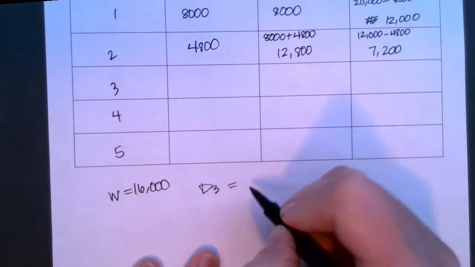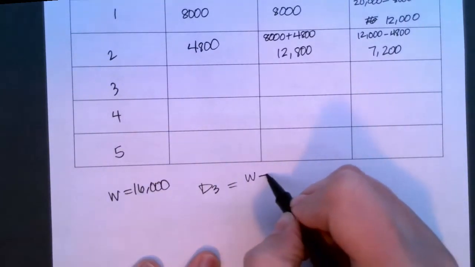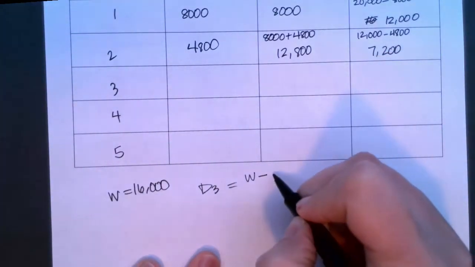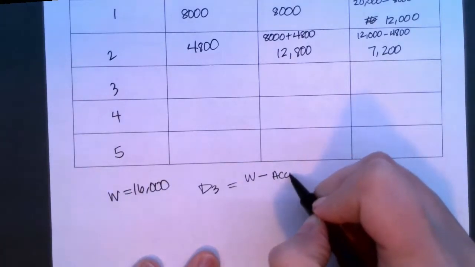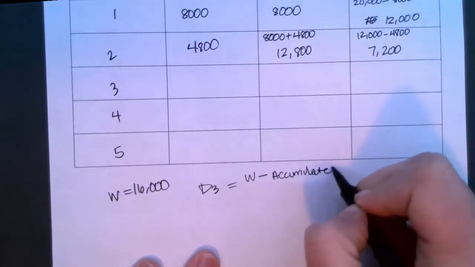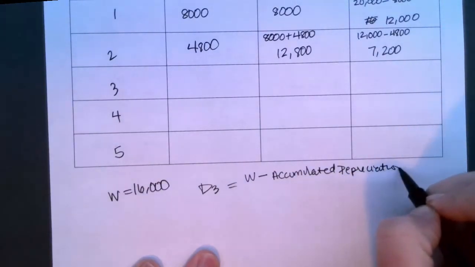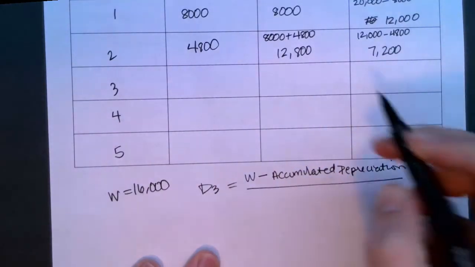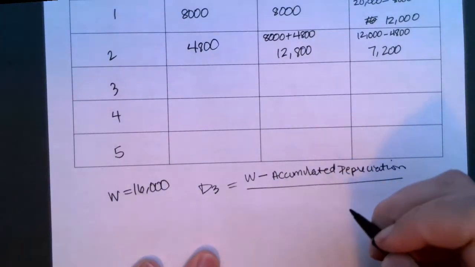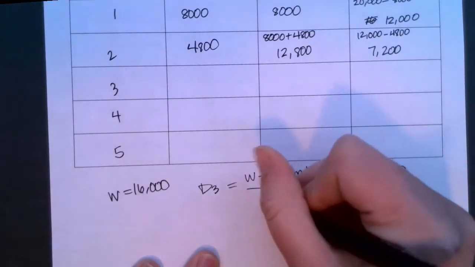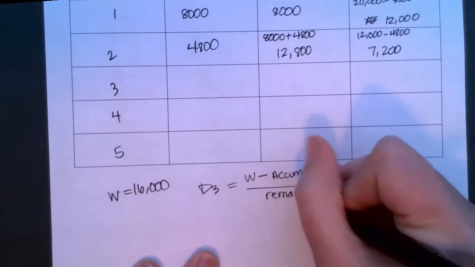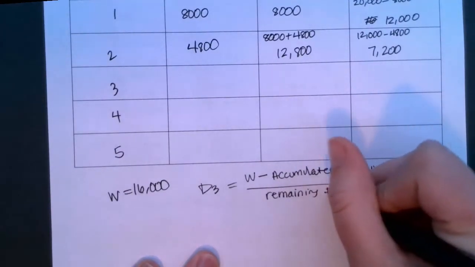How we get that value is we take the wearing price minus the accumulated depreciation so far, all over the remaining number of years.